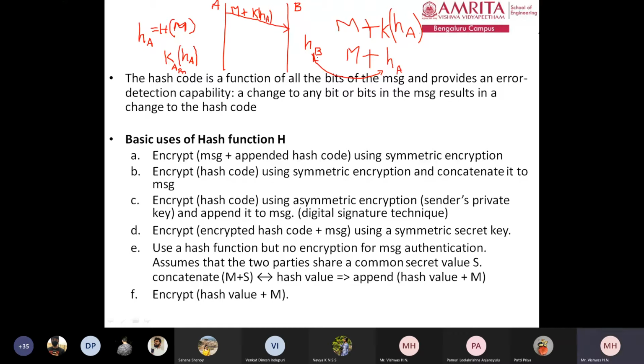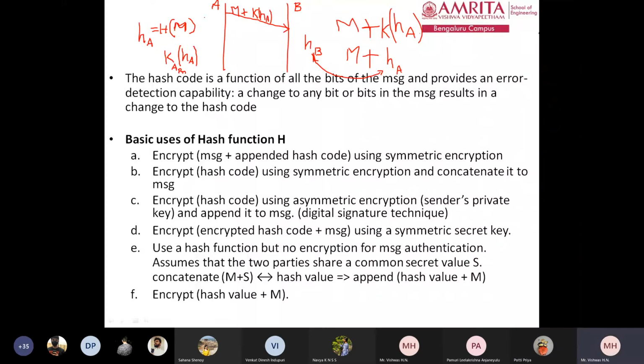If suppose A encrypts its data using the public key, will you be able to prove the authentication? Will you be able to prove the identity of A if A encrypts the hash function using its public key? Can anyone tell? No, sir. No. Why?